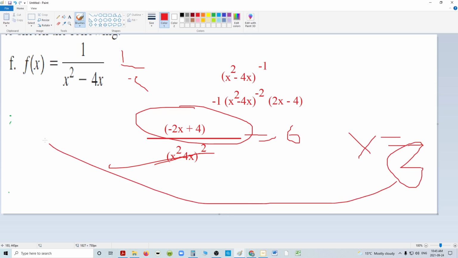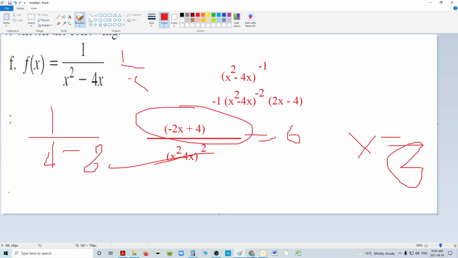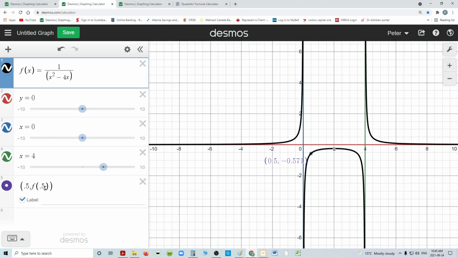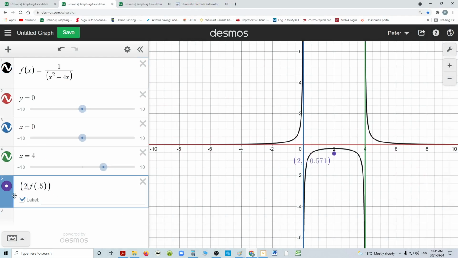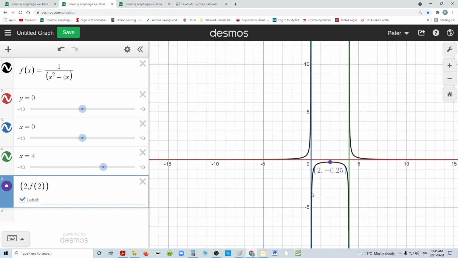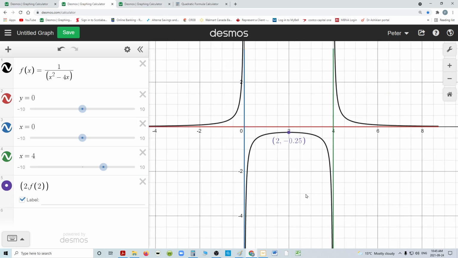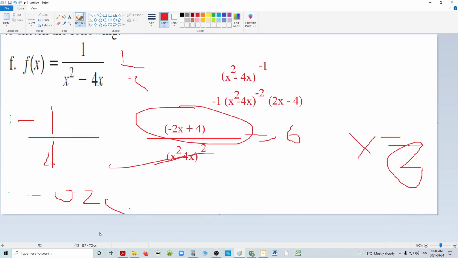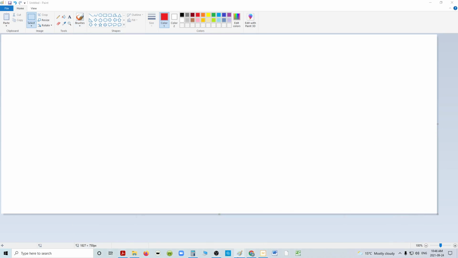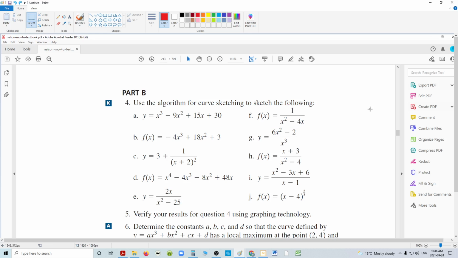Which means I should have put in 2 into here, which is 1 over 4 minus 8, which is minus 1 over 4, which is minus 0.25. So I screwed that up, and that's okay. And we've got to do f of 2, not 0.25. There you go. So you can see how taking these derivatives of these rational functions is the danger zone. And usually I screw them up because I rush.